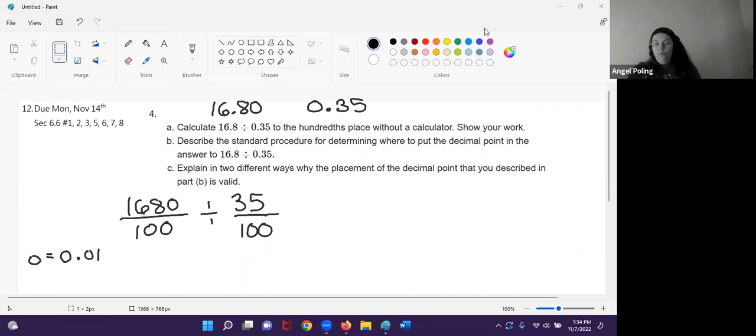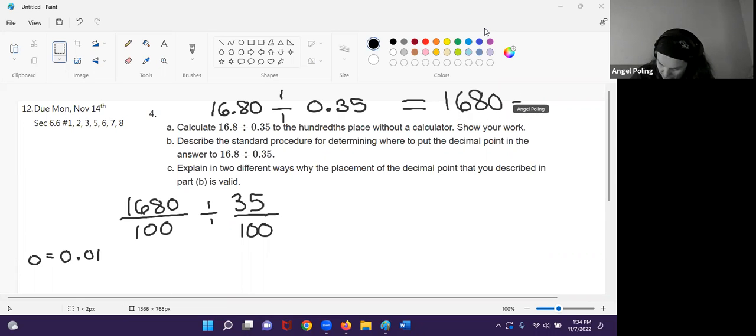So when we see these 2 values being divided, we can also view that as we saw as just 1680 divided by 35, right?